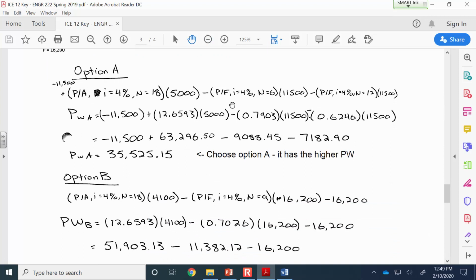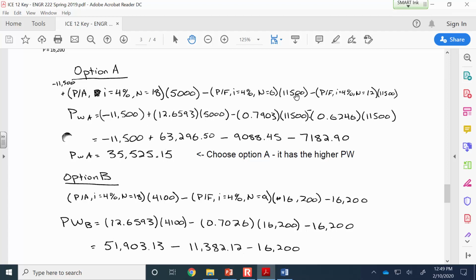Okay, so option A, we have the 11,500 that's already at the present, and then we discount the 5,000 annual revenue at 4% for 18 years. And so this P/A is taking all of the revenue to time 0. And then there's also the purchasing it again in year 6 and year 12.